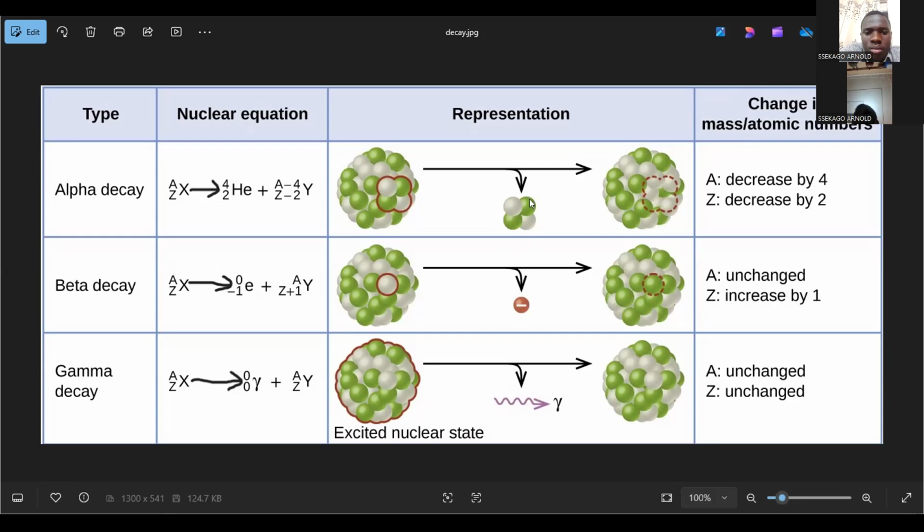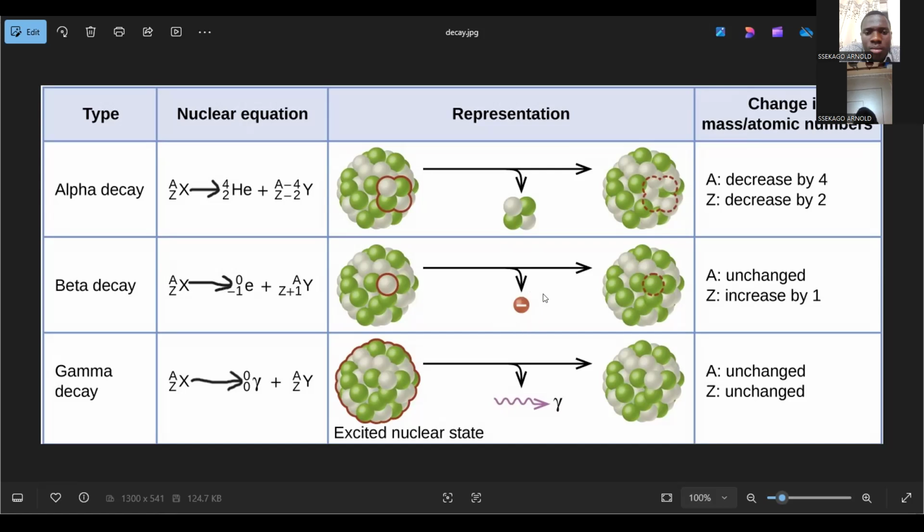Now these are alpha particles. We also have another example here where you are seeing beta decay. We have the nucleus of an unstable atom; it undergoes radioactive decay so that it forms a stable atom by emitting a beta particle.